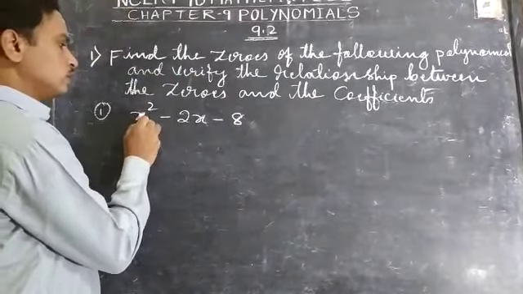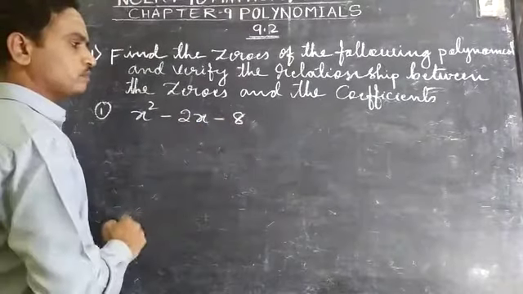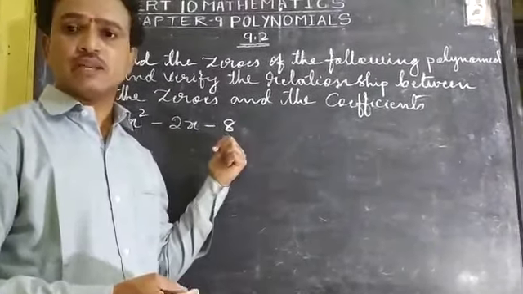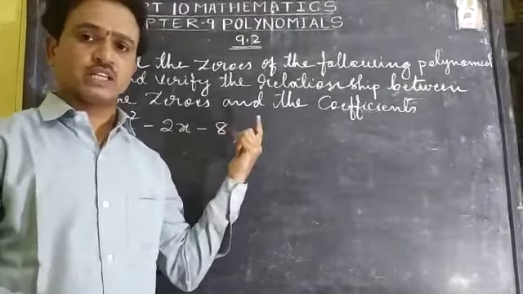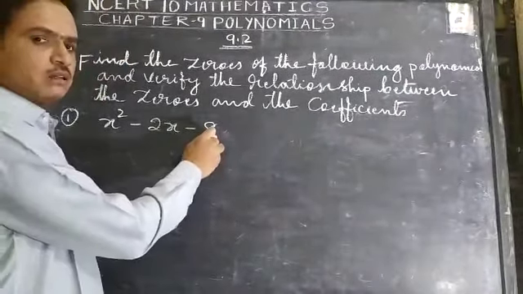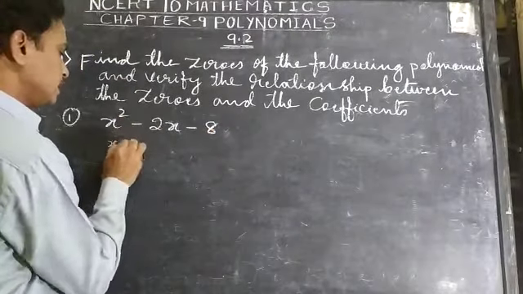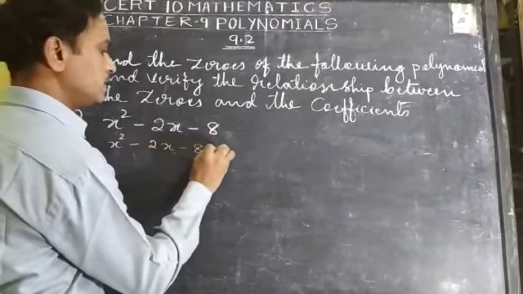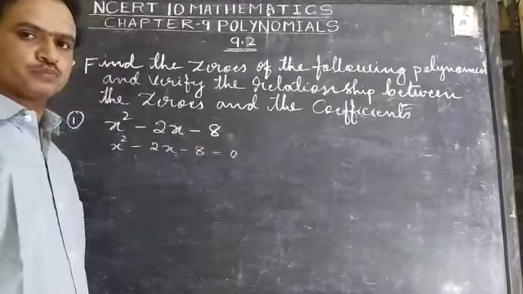Now, you know how to find the factors of this given expression. You already studied this in the previous classes. Here the last term is 8. First what we will do, we will take x square minus 2x minus 8 is equal to 0.